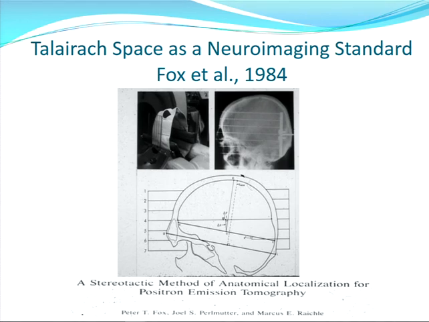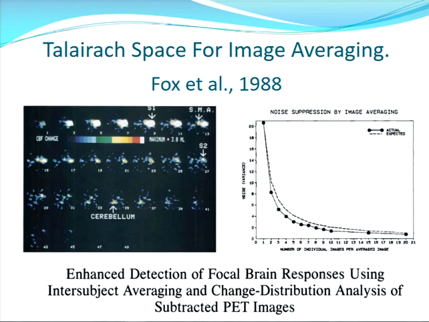Peter was telling me that while this worked quite well, people didn't get very excited about it because they didn't see any real advantage in it until they published this next paper. It showed that in a spatially normalized space, you could improve the signal-to-noise ratio, or reduce the noise, and detect things, just like you did in image averaging with repeated images, but in this case across images, using spatial normalization for alignment first.